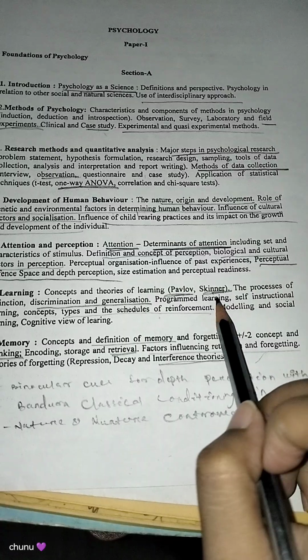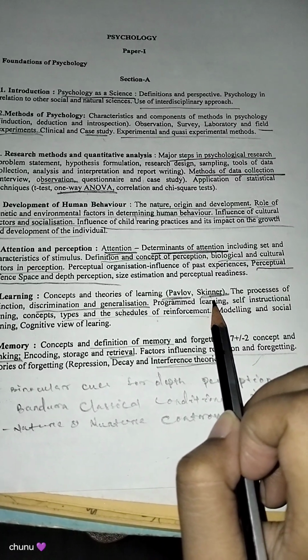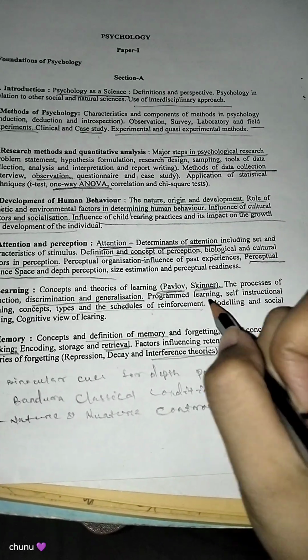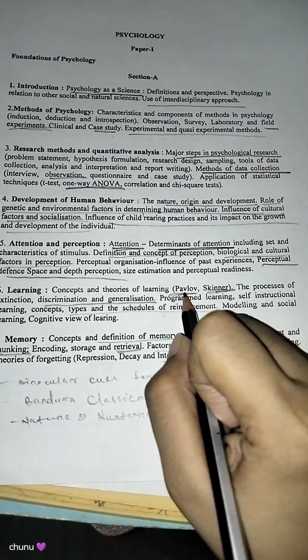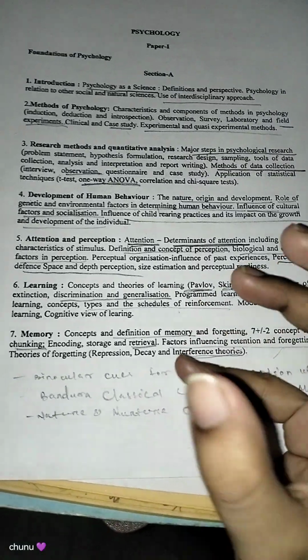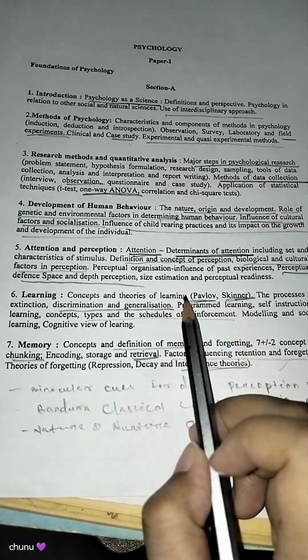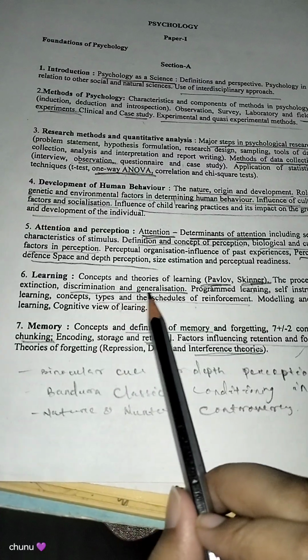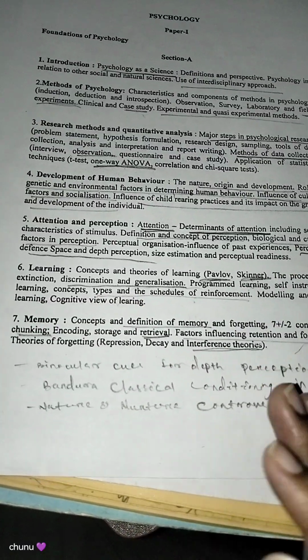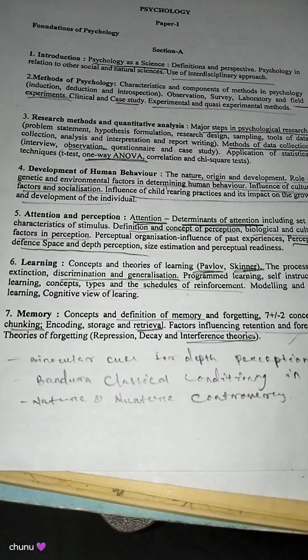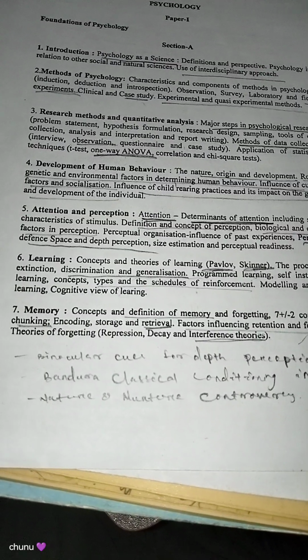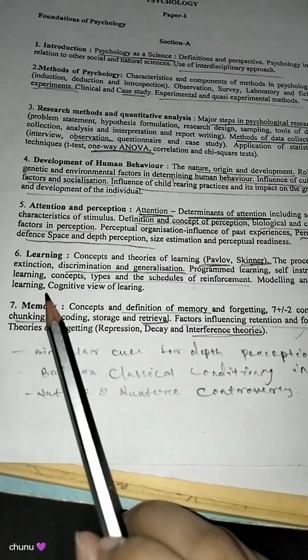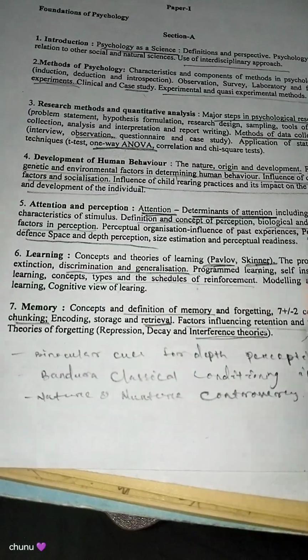Skinner experimented on a rat, Pavlov experimented on a dog, classical conditioning, and this one I just forget the name. And discrimination and generalization, how we reinforce a child and learner, the modeling process and the cognitive view of learning.